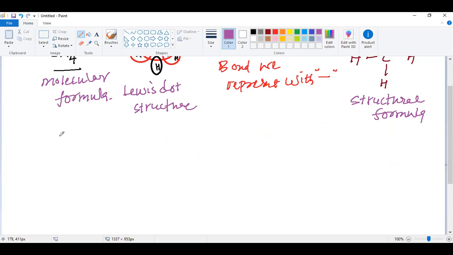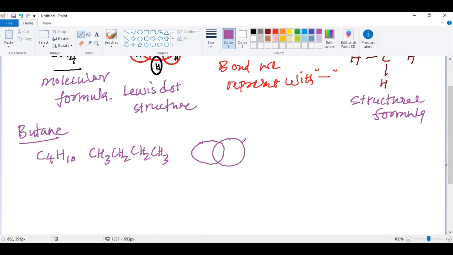But my dear students, suppose we have a molecule named butane. We represent butane first as C4H10, or we can represent it in this manner. You can see that CH3, CH2, CH2, CH3, or my dear students, we can represent it in this manner.